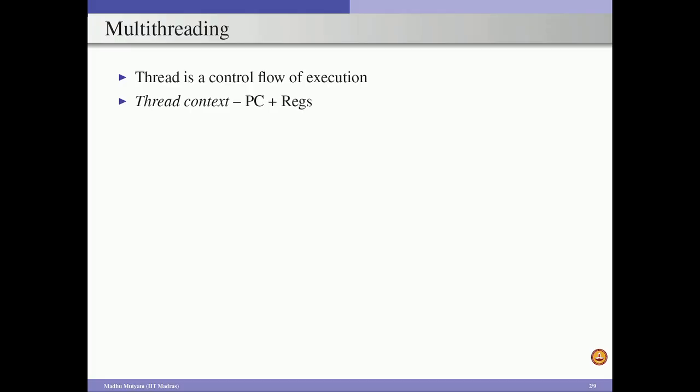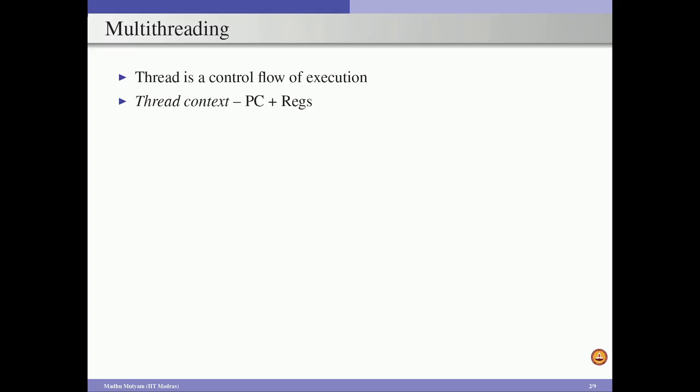Our hardware needs to support executing multiple threads simultaneously. For that, we need multiple program counters, multiple architectural register files, and associated rename register logic and so on. So if a system supports the multi-threading concept, that is, it can execute multiple threads, then it has to have multiple program counters as well as multiple architectural register files.